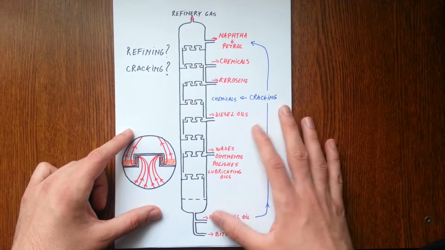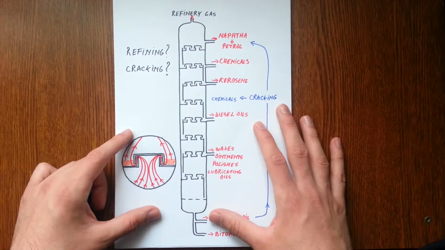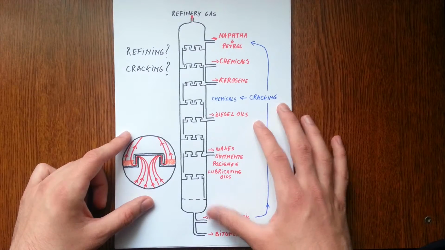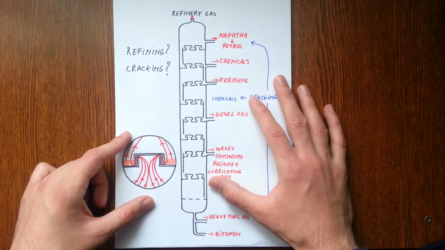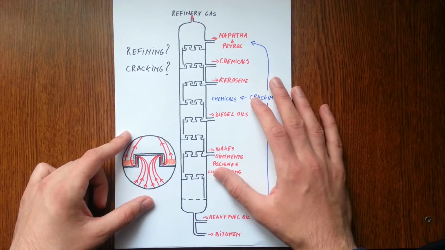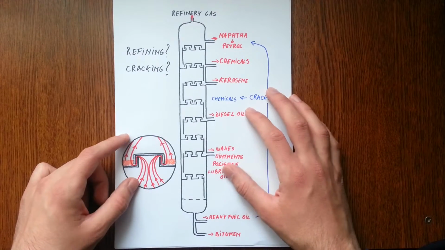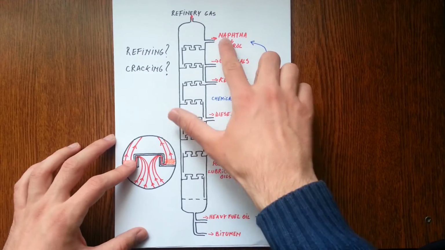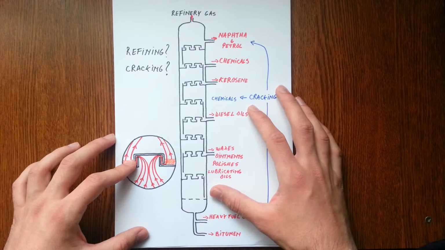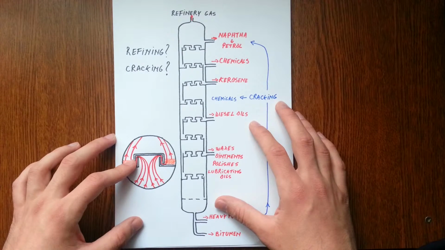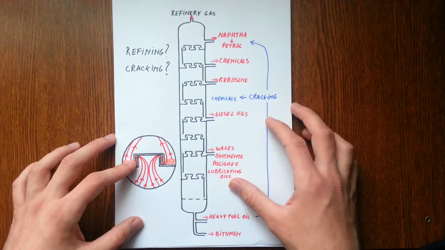There are 6 main fractions. The lightest, which is refinery gas, is used as a fuel by the refinery itself. Then comes naphtha, used for further processing into petrochemicals or alternatively for blending into petrol.